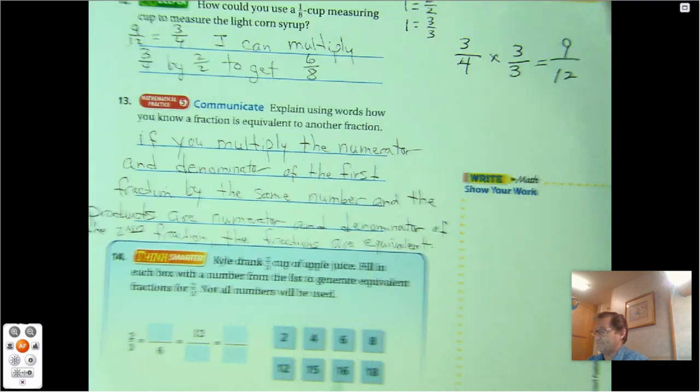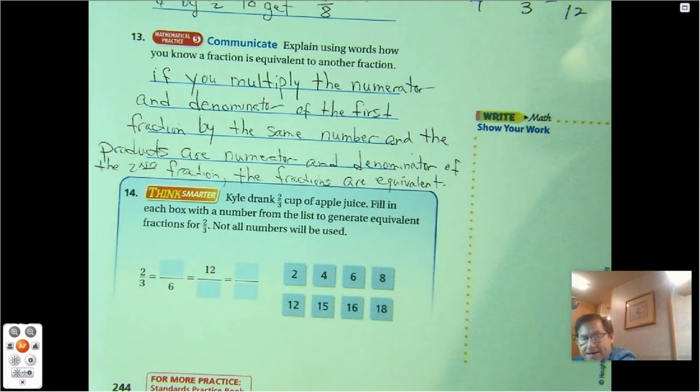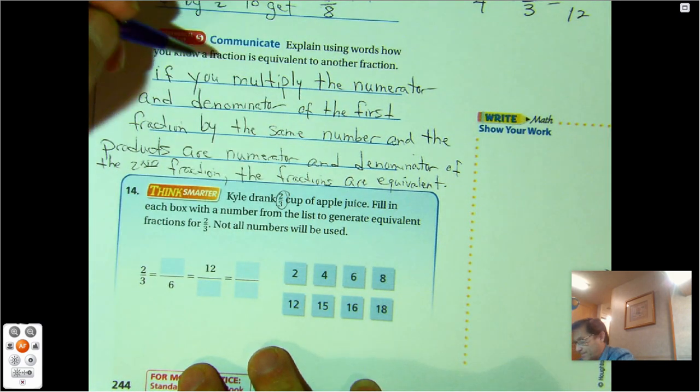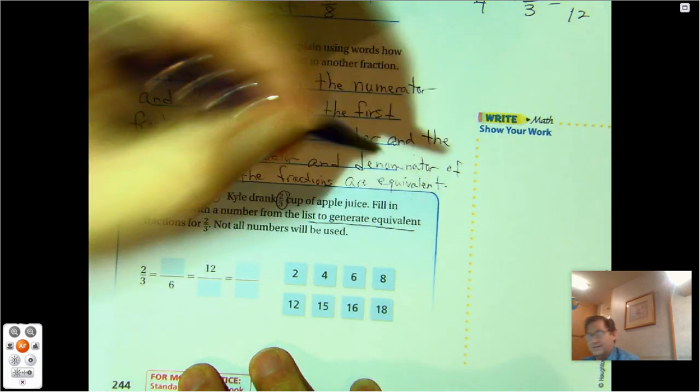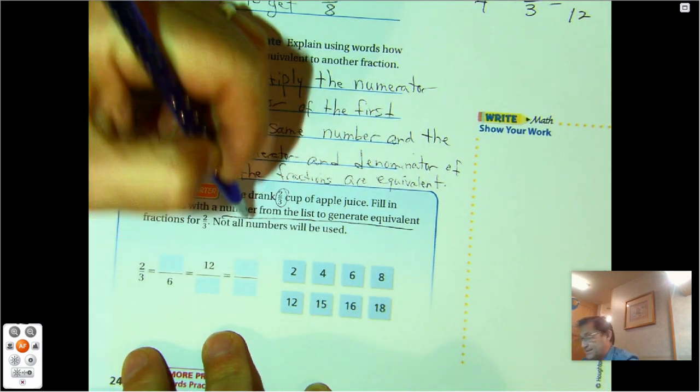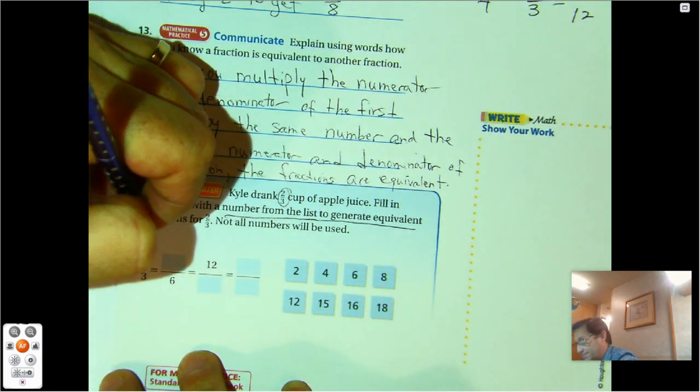All right, number 14. Kyle drank 2/3 cup of apple juice. Fill in each box with a number from the list to generate equivalent fractions for 2/3. Not all the numbers will be used. All right, so 2/3, and we want to use numbers from the list to generate equivalent fractions.